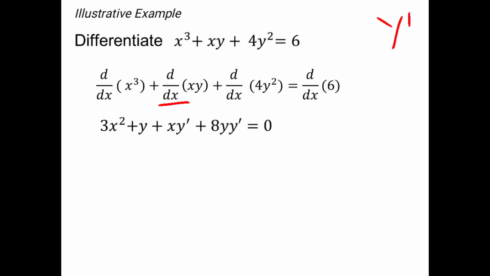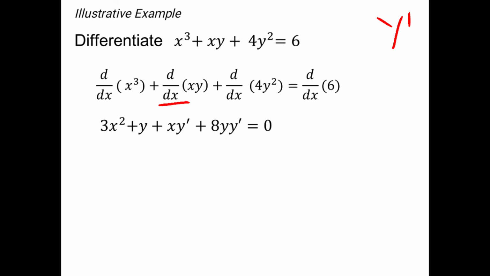Okay, so the derivative of x³ is 3x², since we're going to use the power rule here. For the product rule, we just multiply the derivative of x by y. That's why we have y, only y here. And then we multiply the variable x to the derivative of y. That's why we have xy'. Then y' indicates that we get the derivative of y in terms of x.